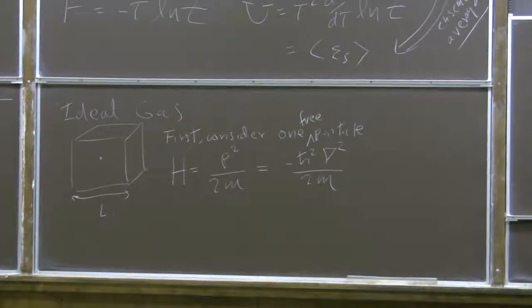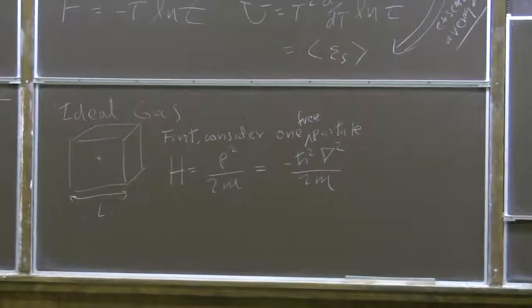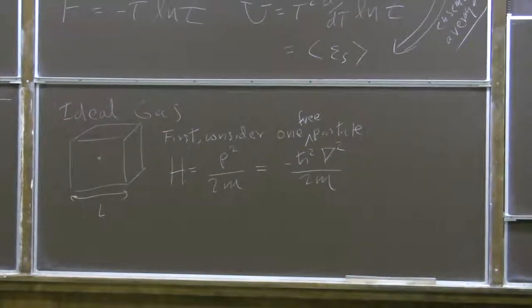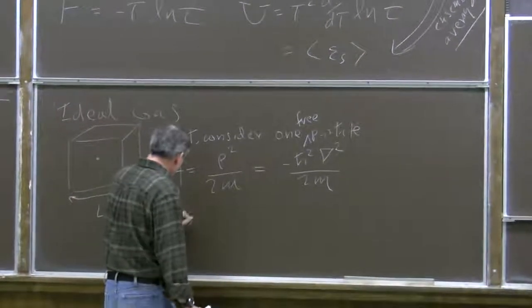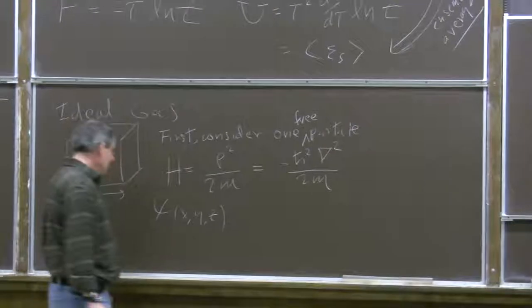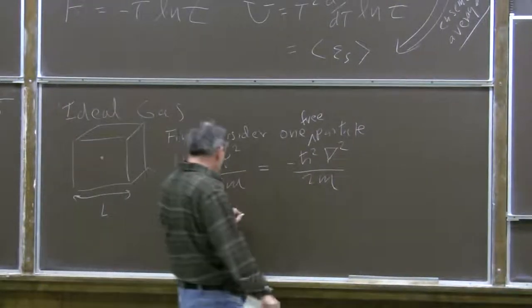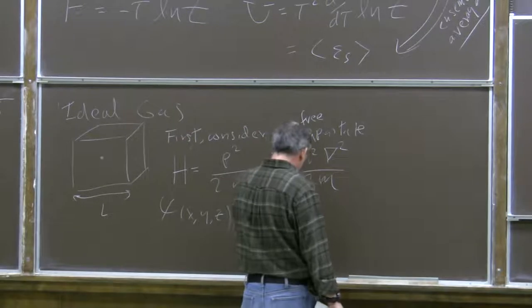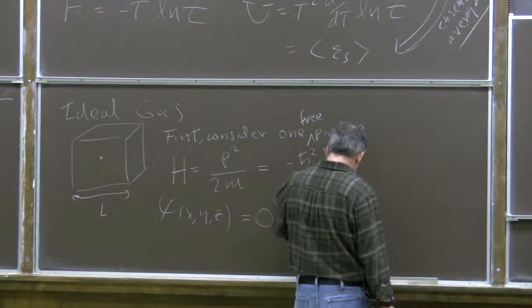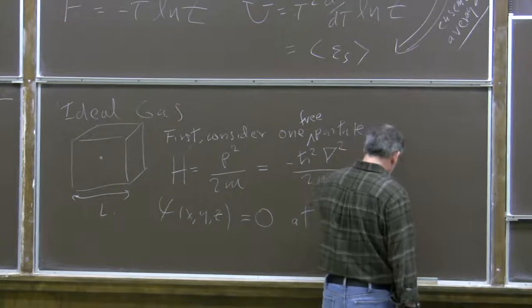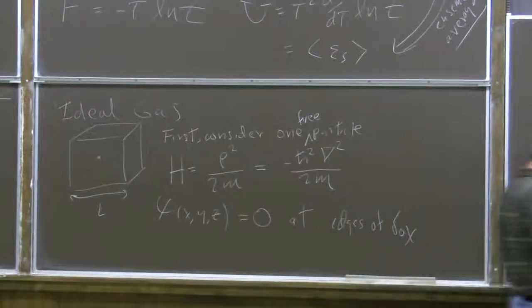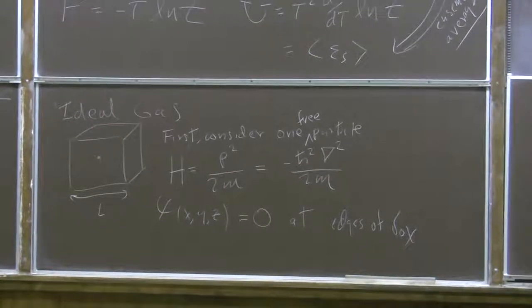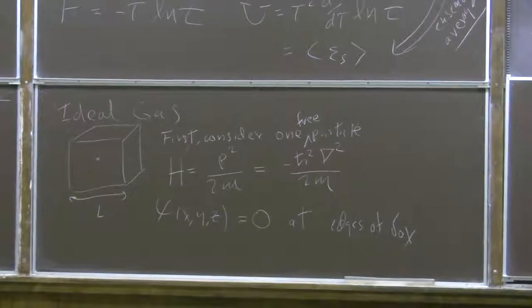We can find the energy eigenstates of the system by solving the Schrödinger equation, finding the eigenstates of that operator with appropriate boundary conditions. Now suppose we use the boundary condition that the wave function, a function of x, y, and z, it's a particle in a three-dimensional box, equals 0 at the edges of the box. And a problem that you previously solved is to find the energy eigenfunctions and eigenvalues.